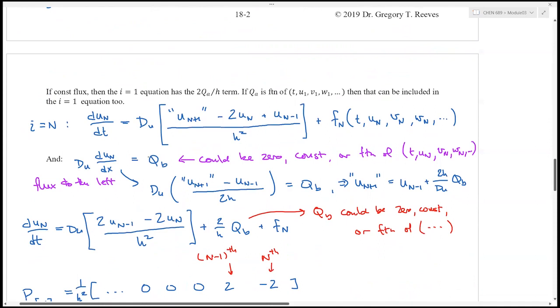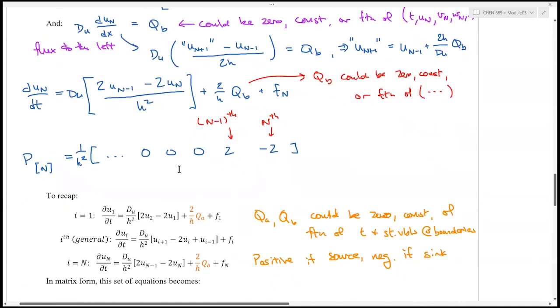If I flip it around, and if you have a sink at the other boundary, then your gradient might look something like this. So you have a negative derivative. This will be negative. A sink will have a negative constant here, and so it'll match up. It makes sense that way. Okay, so that's why the boundary on the right, you write down the flux to the left, and the boundary on the left, you write down the flux to the right, just so the sources and sinks can have their conventional signs. Okay.